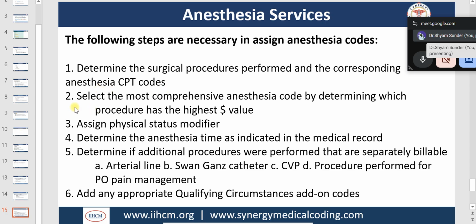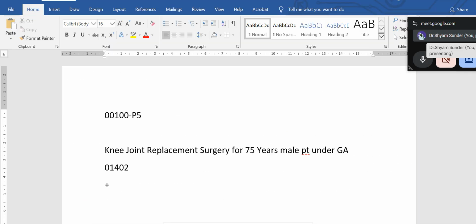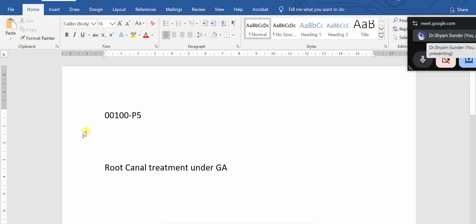Second step. Select the most comprehensive anesthesia code by determining which procedure has the highest dollar value. What does it mean? Sometimes a patient will undergo two surgeries at the same time, especially children.